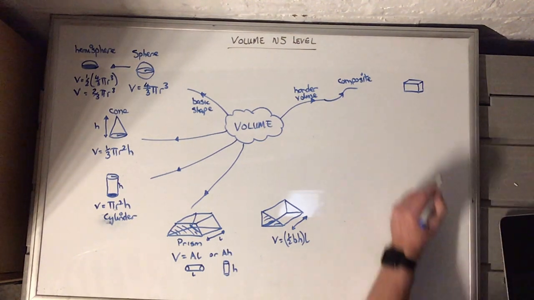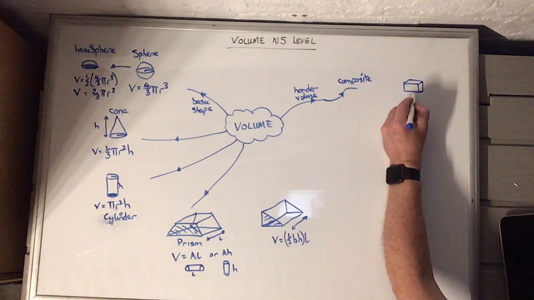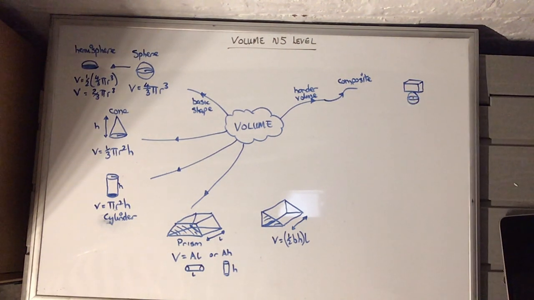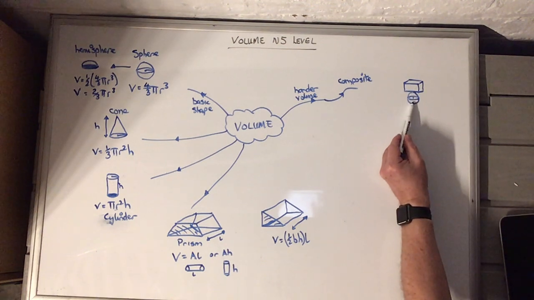Okay, and you might get say a circle or a sphere, I should say, in the bottom of it. Okay, maybe that's some sort of trophy or something, something daft like that. So you could get something like that. So that means you would have to find the volume of the cuboid, and then you'd have to find the volume of a sphere and add them together.